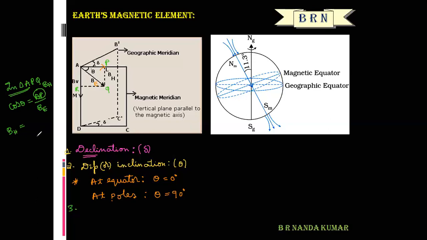What is the meaning of the horizontal component of Earth's magnetic field? It is a very simple definition: the component of Earth's magnetic field along the horizontal direction. So the mathematical expression is BH equals BE cos theta.